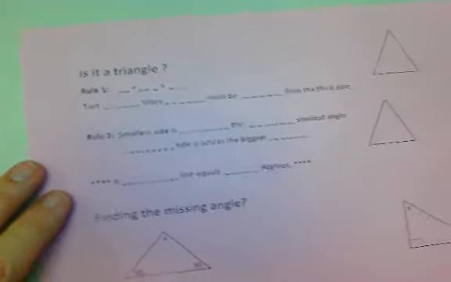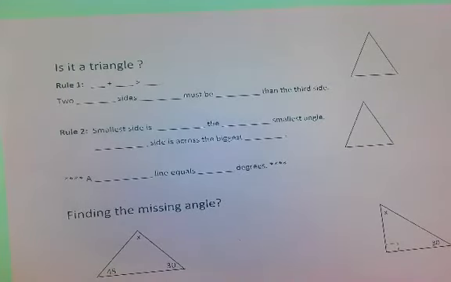So if you look at the next paper, we have, is it a triangle? Okay, well, we talked about being able to recognize them and classifying them, which we can do by their angles and we can do by their sides. But here, we can actually do it just when we're given numbers, or we're also going to talk about finding the missing angle. So let's start with, is it a triangle?